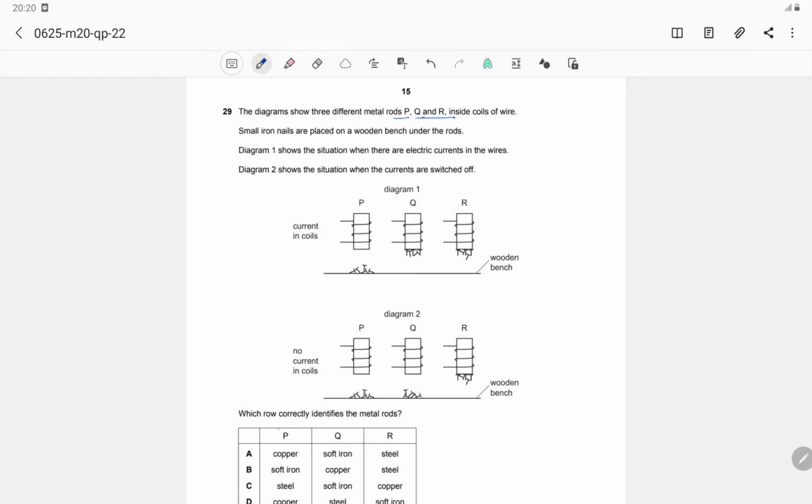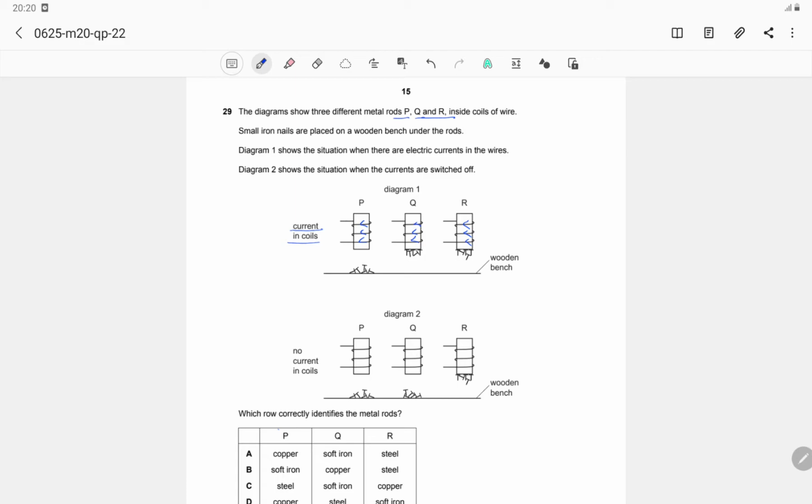In diagram 1, the current is flowing through the coil. So you have learned that when there is a current flowing through a coil, it becomes an electromagnet. So through all the coils there is a current flowing, so all the coils will become electromagnets.